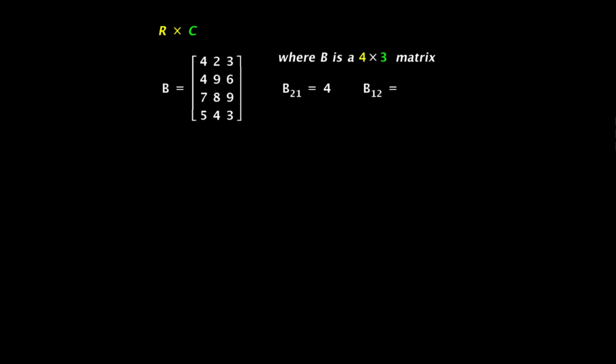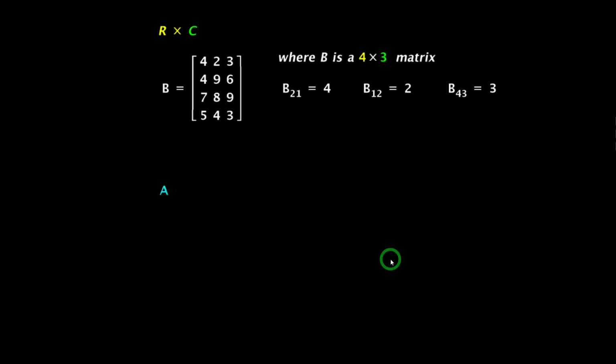This is how we write B12: row 1, column 2. And what about B sub 43? 4 is the row, counting 1, 2, 3, 4, and the column is 3. So B sub 43 means we are talking about this number 3.